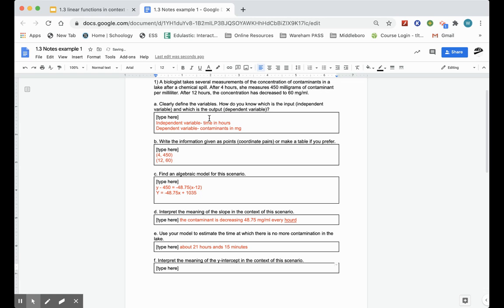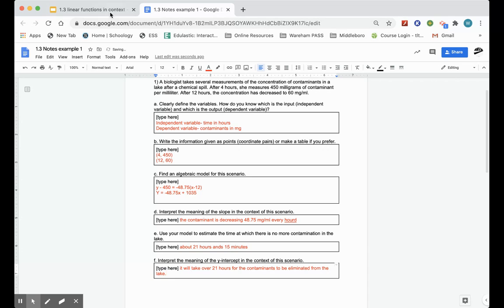So in other words, it will take over 21 hours for the contaminants to be eliminated from the lake.